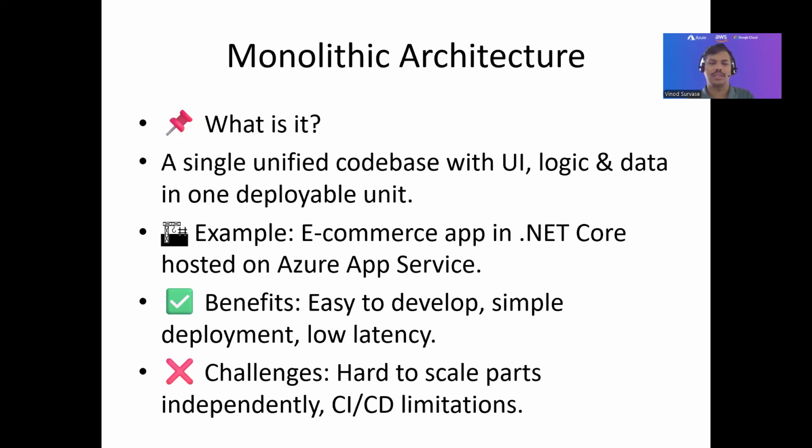For example, it could be hosted on Azure App Service, or deployed on AWS or GCP as well. Those are the different methods where we bind together UI, logic, and data. All those three layers are put together and deployed as a single unit, as a single package. So that's monolithic architecture.